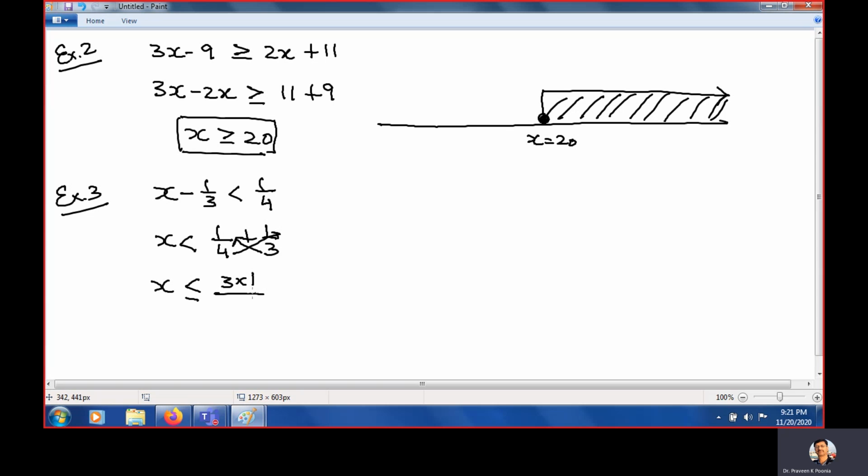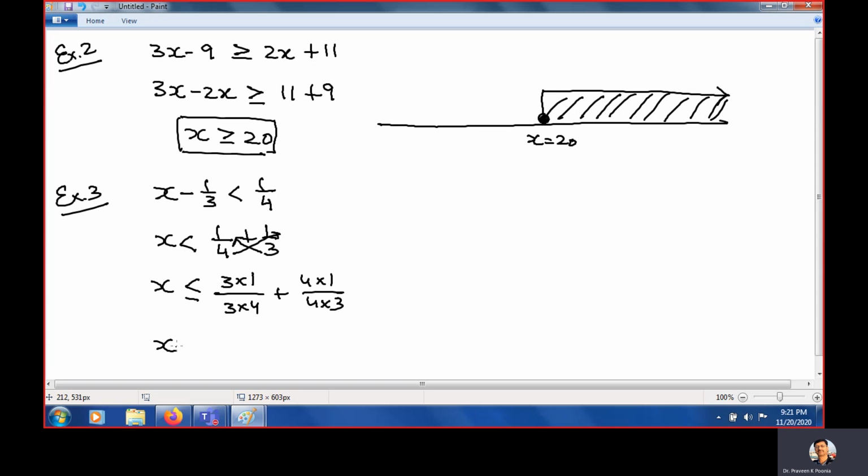So 3 times 1 upon 4 times 3, plus 4 times 1 upon 3 times 4.